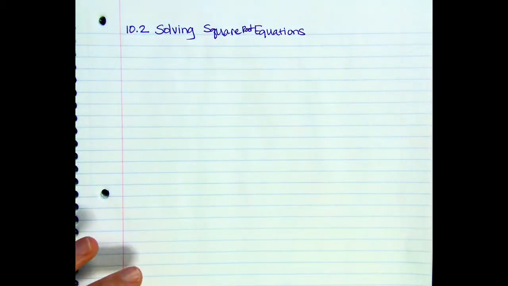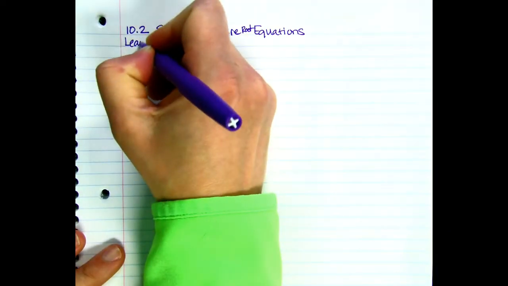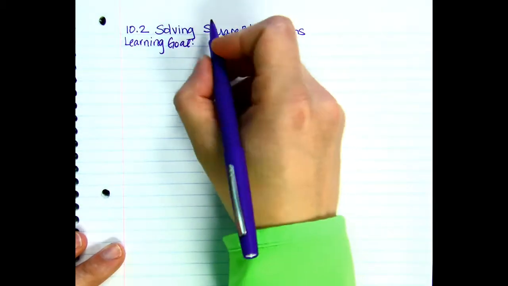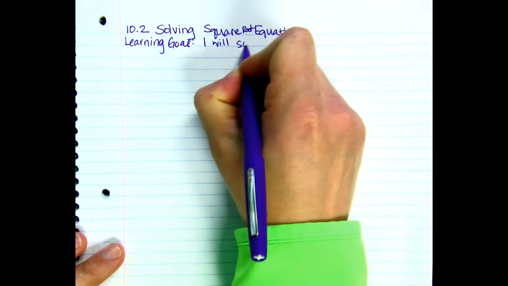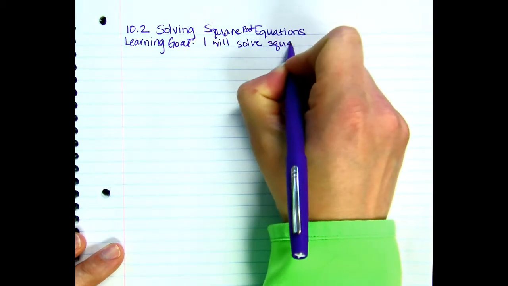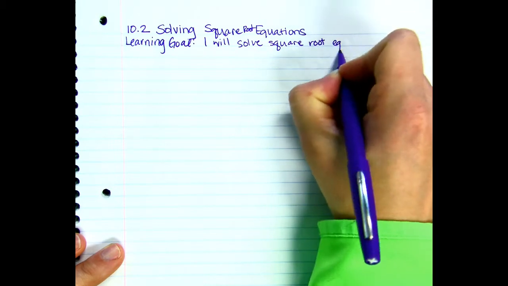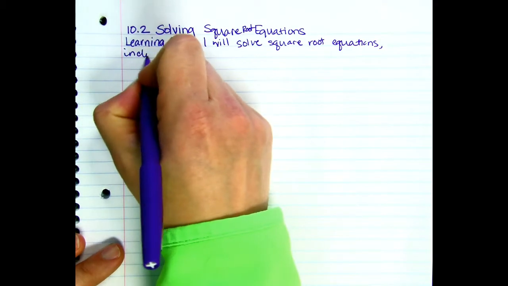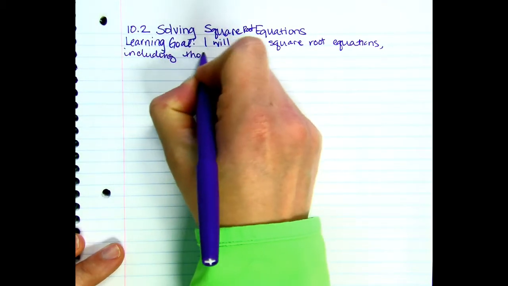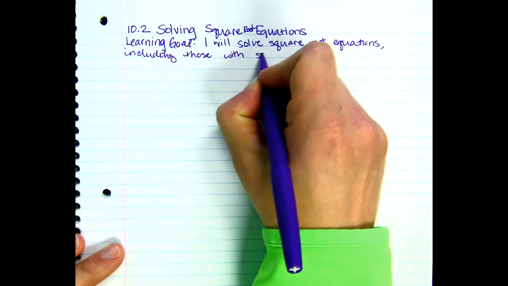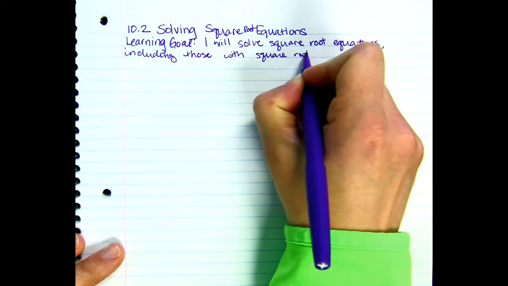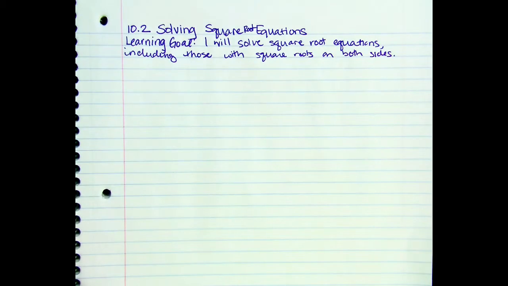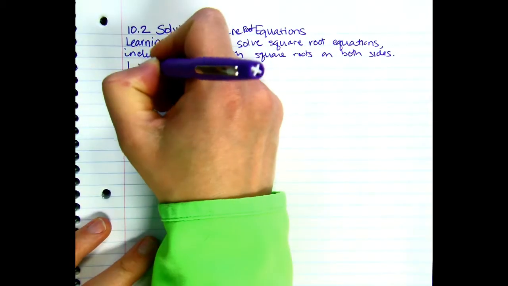So starting off with our learning goal, our learning goal is I will solve square root equations, including those with square roots on both sides, and I will identify extraneous solutions.